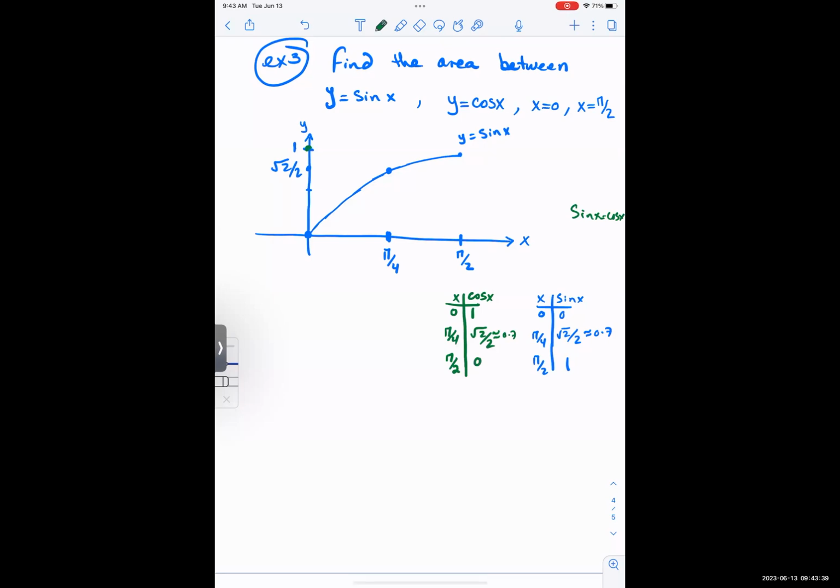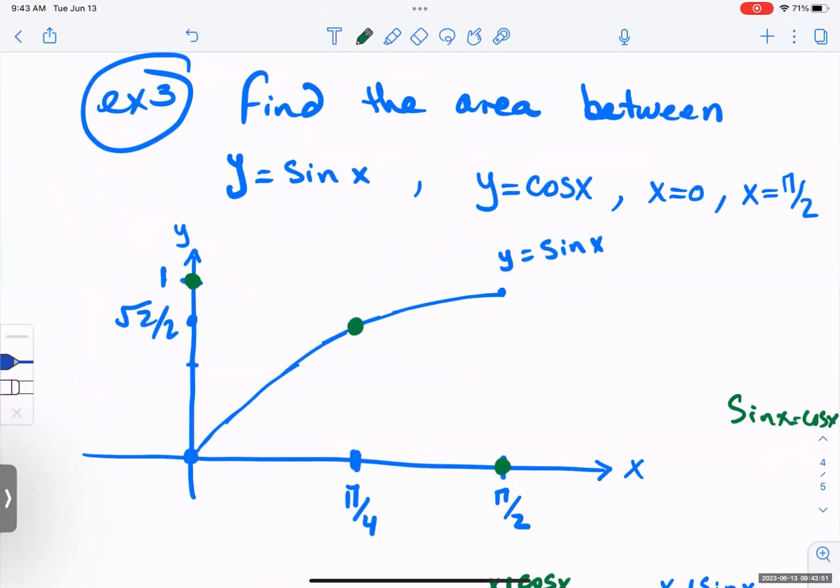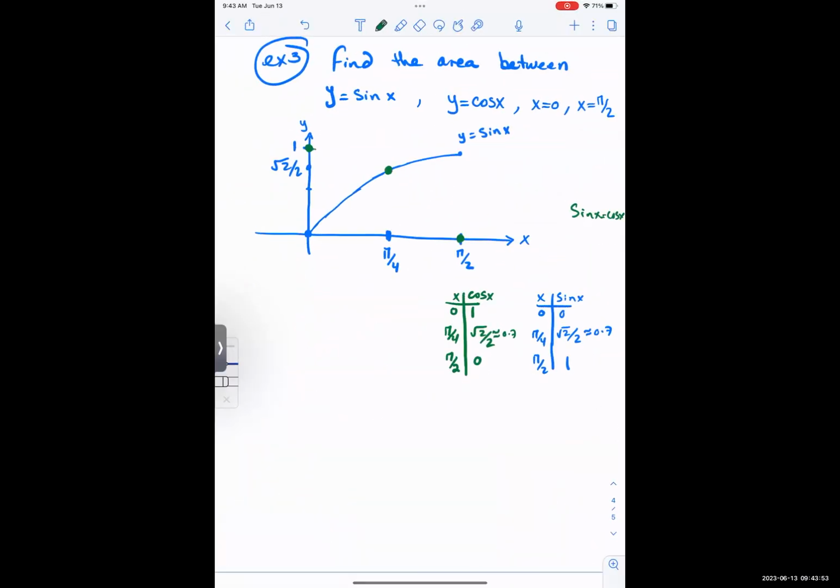So the beginning point is 1, at pi over 4 the same point as sine, and then at pi over 2 it is 0. So that's the graph of cosine, y equals cosine x.